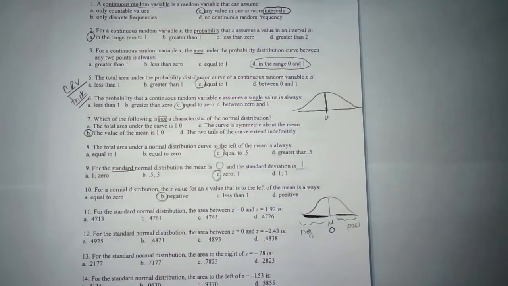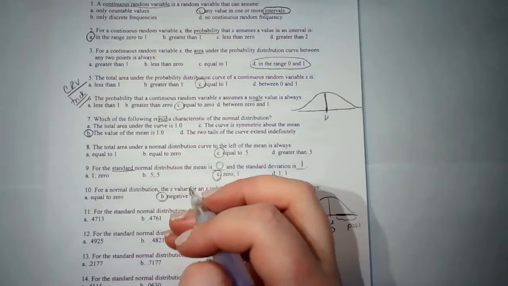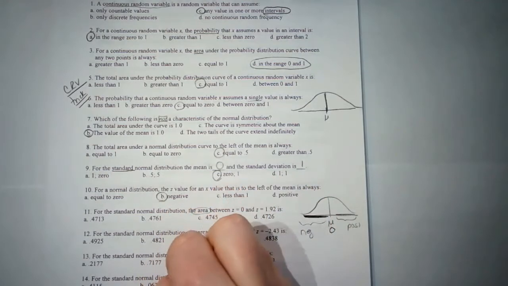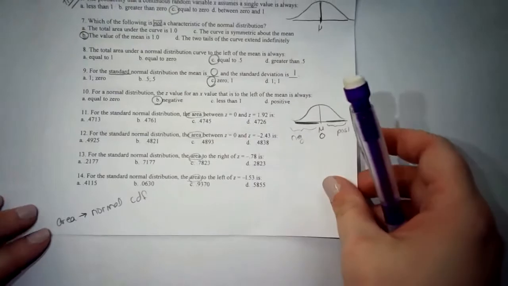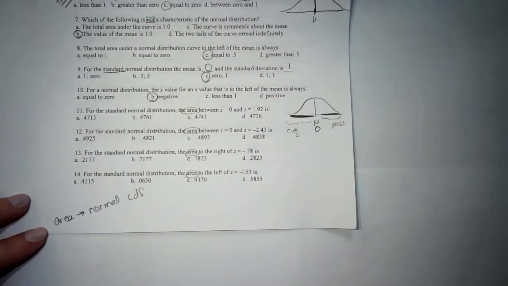All right, now for 11, 12, 13, 14, you can use your Z table if you want to, but I think we're all pretty calculator savvy people in here, right? We agreed that was the easiest way to do that. For every single one of these, they ask for the area. Anytime they ask for the area, that is normal CDF.